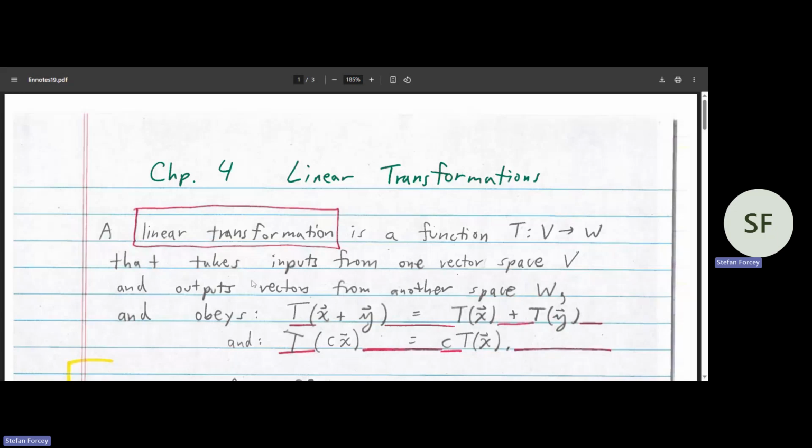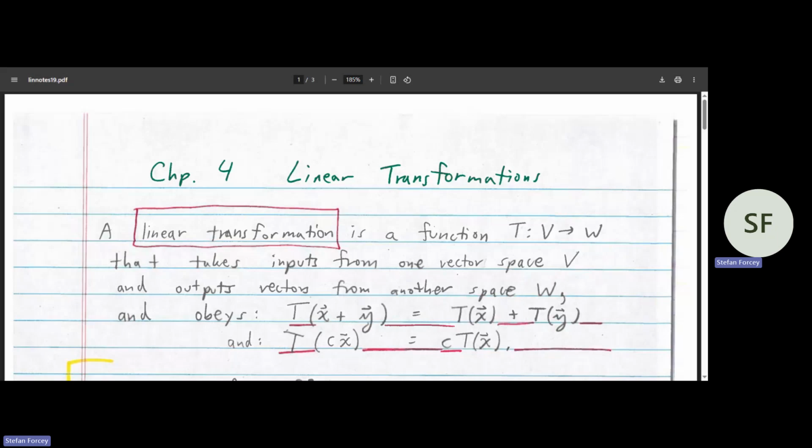To make it a linear transformation, instead of just any function, it has to obey these rules: if you add two vectors together, then it doesn't matter whether you add them in the input or output. So you can add them first, then apply the transformation, and you should get the same thing as if you apply the transformation separately and add the results.